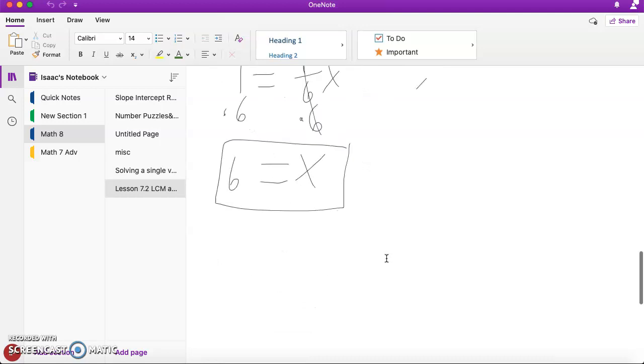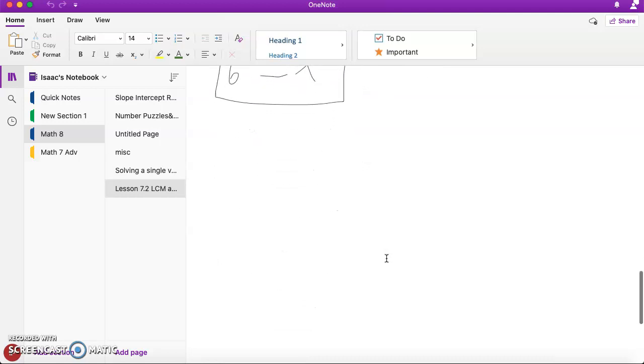Now, option number 2 can potentially be shorter, but it has a little bit more chance of messing up in a small way. We're going to call this one method 2, multiply.